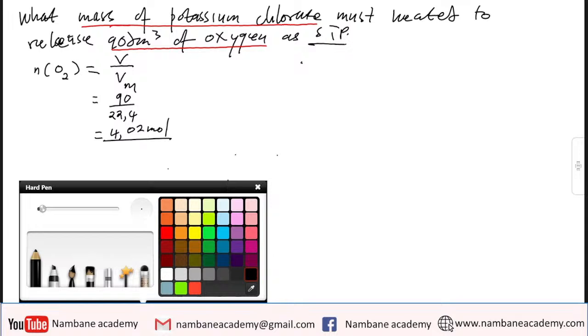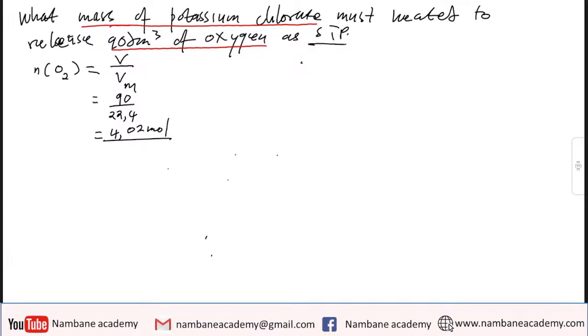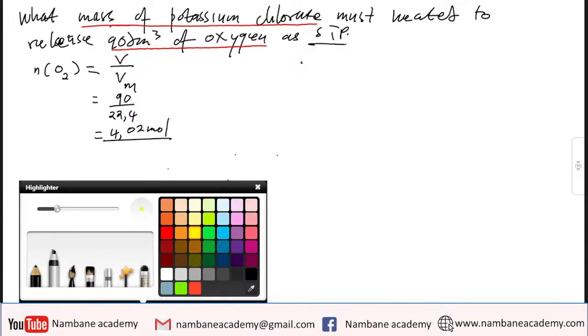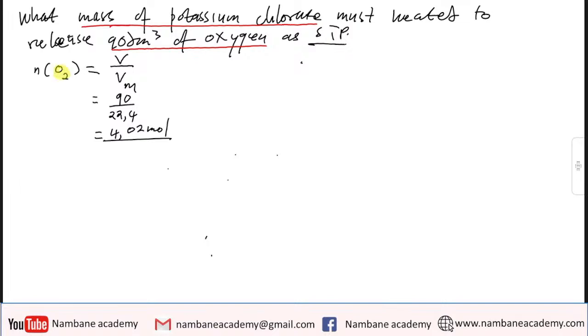It says now, I need the following step of mole ratio, because mole ratio is going to assist me in crossing the bridge of moving from the oxygen to the potassium chlorate. So what do I need in order for me to use the molar ratio?